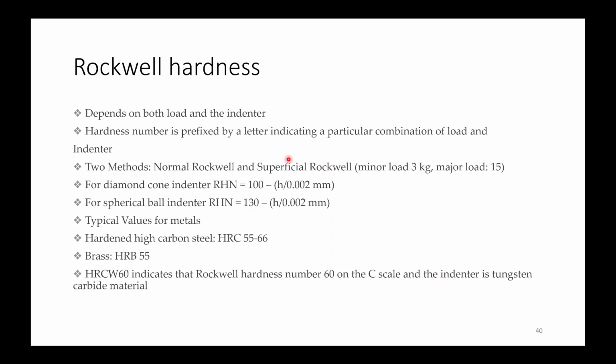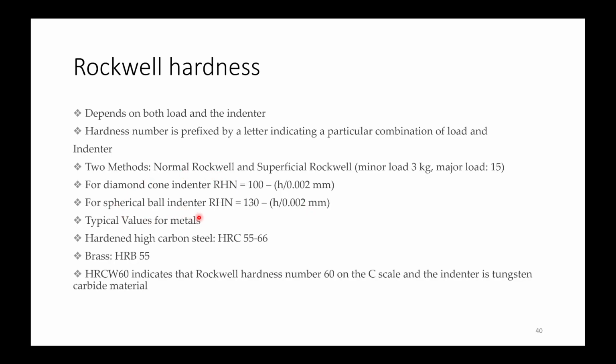In superficial, we use a minor load of only 3 kg and a major load of only 15 kg. For a diamond cone indenter, the Rockwell hardness number is given by the formula 100 minus h divided by 0.002. In the case of a spherical ball indenter, it is 130 minus h upon 0.002.